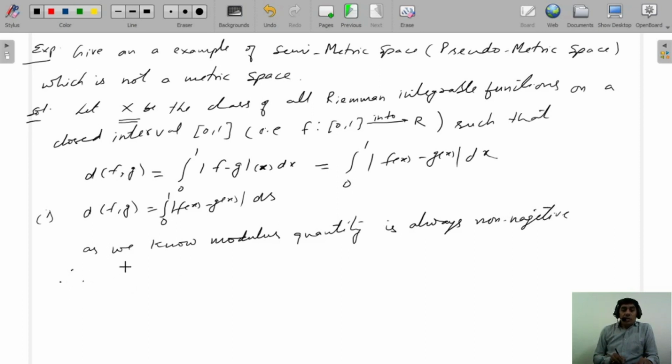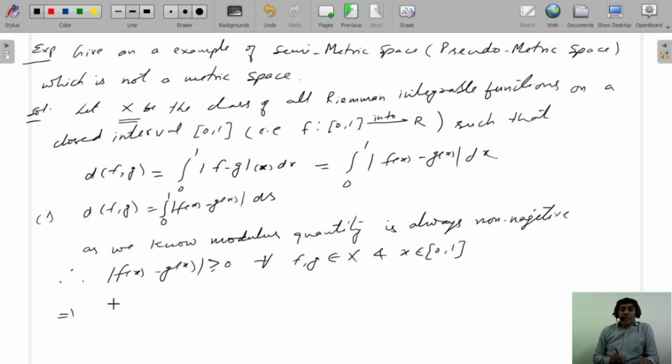Therefore, modulus of f(x) minus g(x) is greater than or equal to 0 for every f and g belongs to capital X and x belongs to interval 0 to 1.